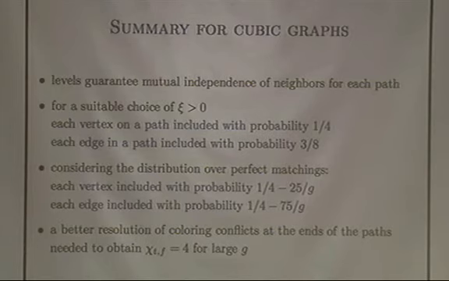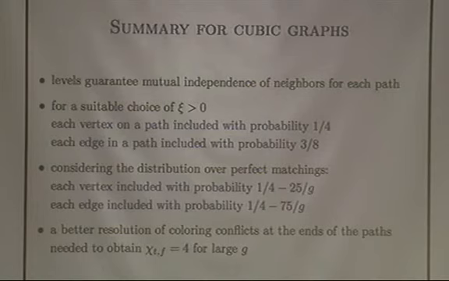So I promised you that in the cubic case I should actually show you the bound without this plus epsilon. I will not do so, but I will just say what you have to do differently. If you want to show that the total fractional chromatic number is equal to 4, then you need here to have exactly 1/4.